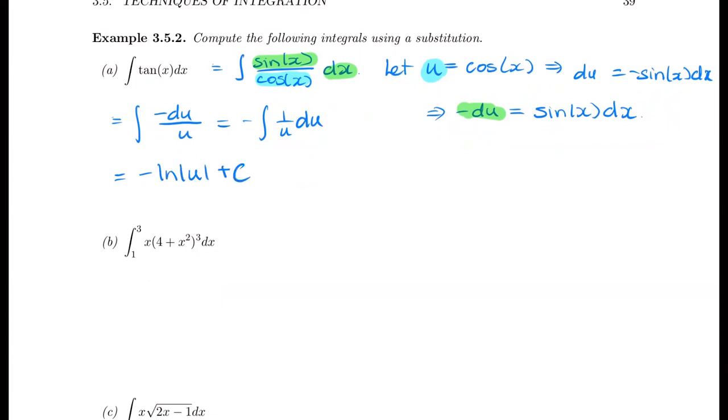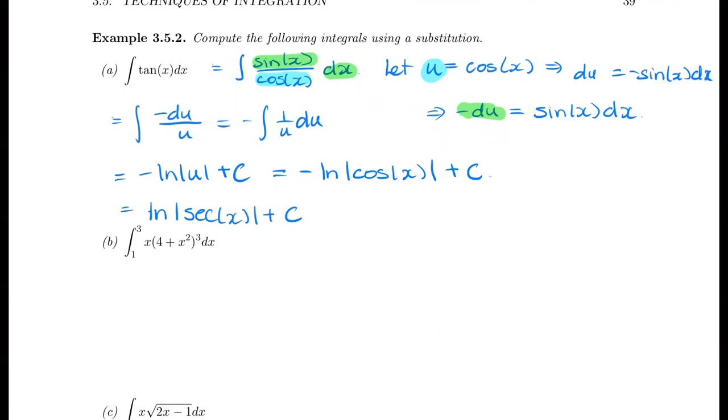The last step here would just be to put back the u. So we would have negative ln of the absolute value of cos of x plus c. And that's all we would actually have to do here. Or if you want to simplify a bit further, we could also write this as ln of the absolute value of secant of x plus c.